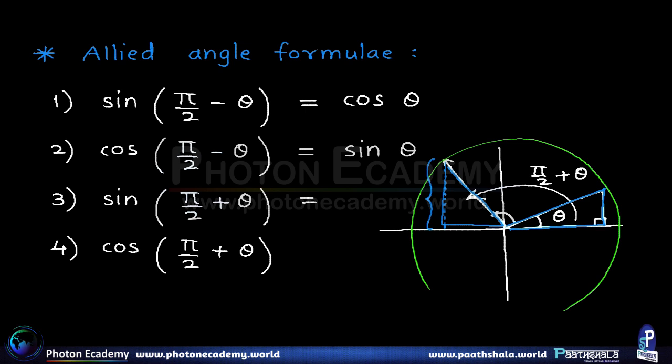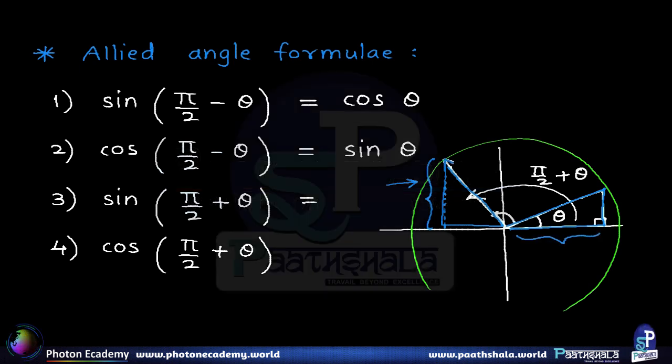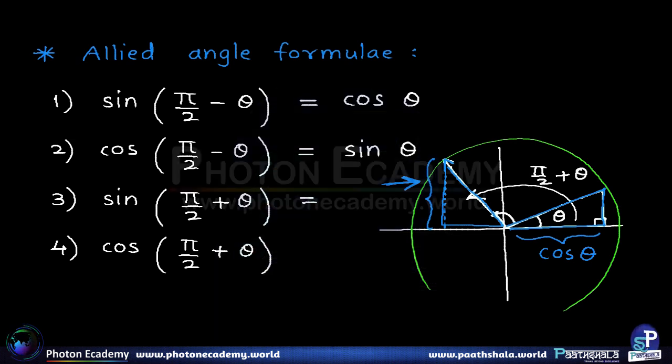So whatever is the y coordinate of the new position of the tip, that is the same as the x coordinate of the original angle theta, and x coordinate is nothing but cos of that theta. So here also the y coordinate of the pi by 2 plus theta angle is nothing but cos of the original angle. So we write sine of pi by 2 plus theta is nothing but cos theta.